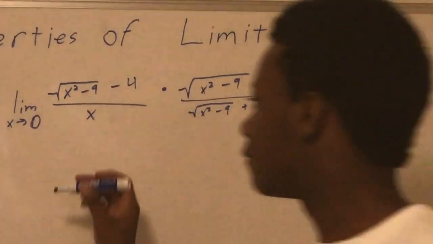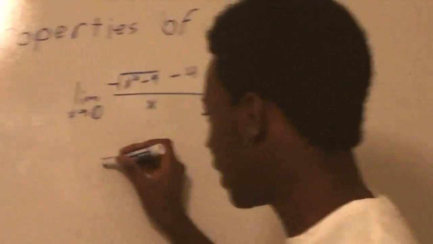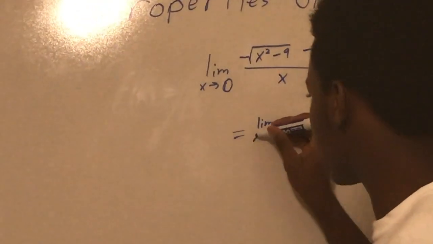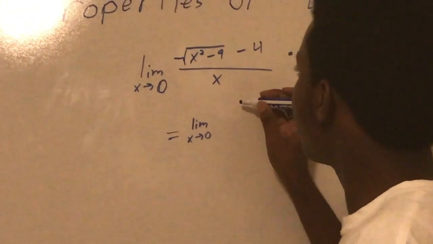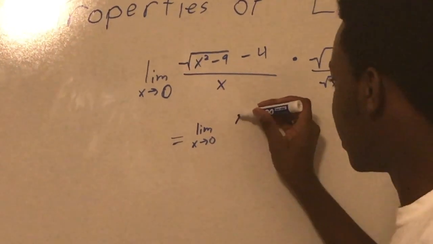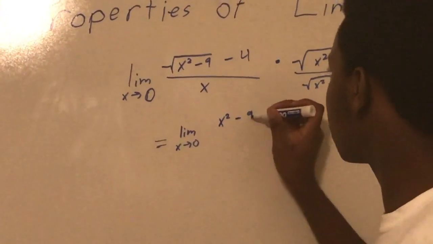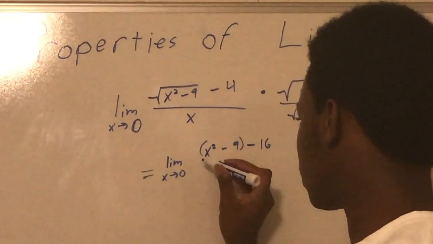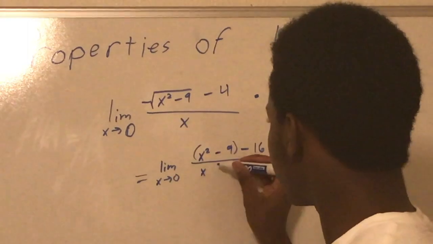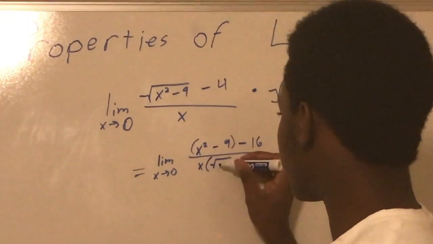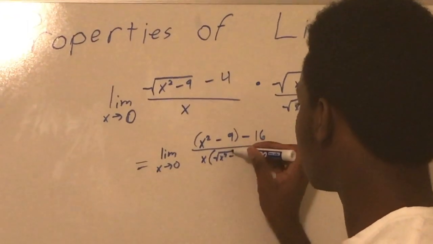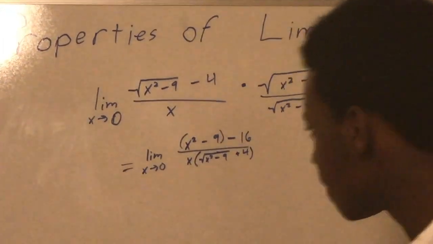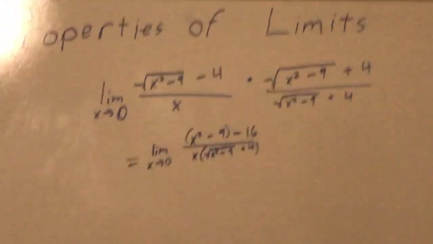So it's just a different version of the same function. As x approaches 0, so we get x squared minus 9 minus 16 over x. I'll just put the whole thing in parentheses. Times the square root of x squared minus 9 plus 4. And then we could just simplify it from there.